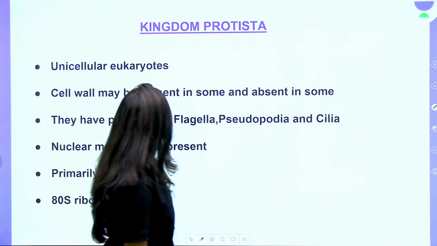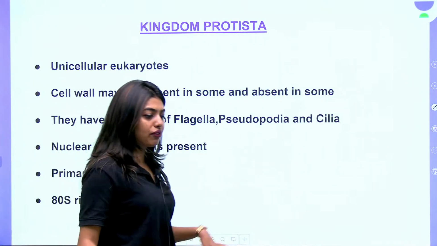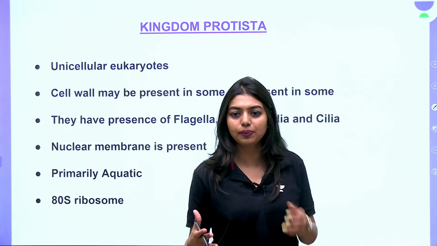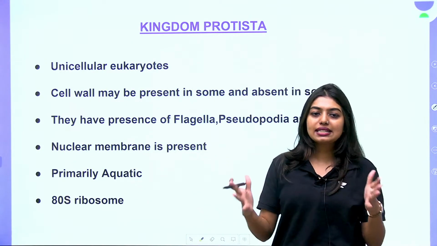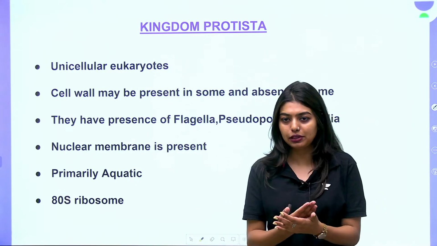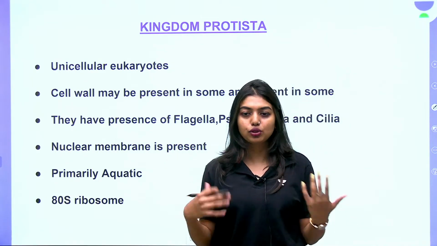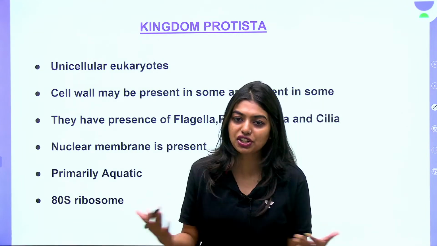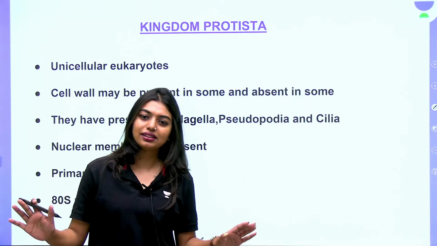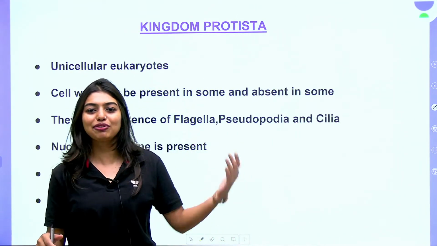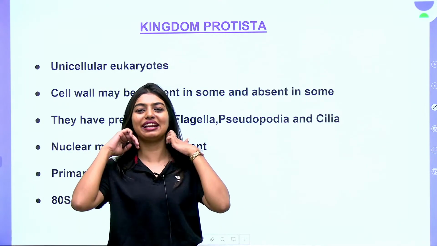Okay, so kingdom protista. Now, kingdom protista is actually a link between animal, plant and fungi. Do you get it? Yes, we finished kingdom monera. It's over. We have been taking it from last class. How long do you want kingdom monera?